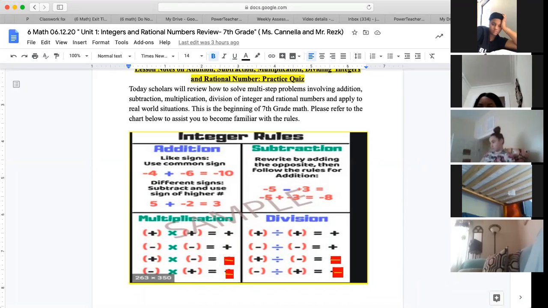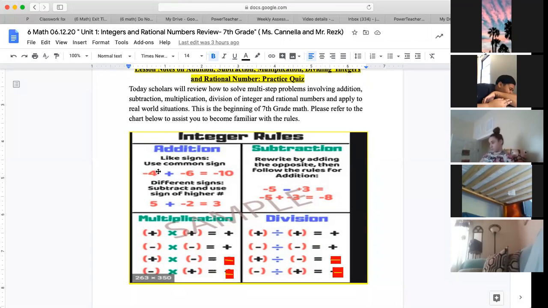Allison, help Gilberto out. Positive times positive equals positive. Negative times negative equals positive. Positive times negative equals negative. And negative times positive equals negative.